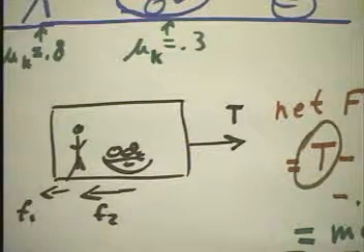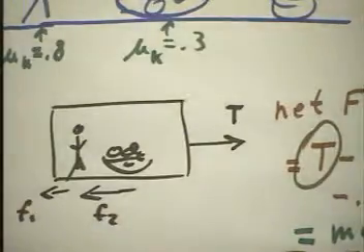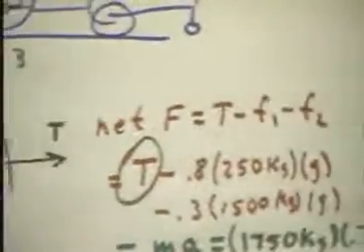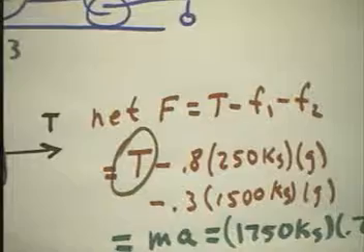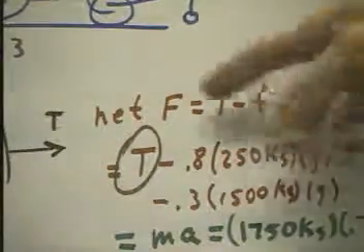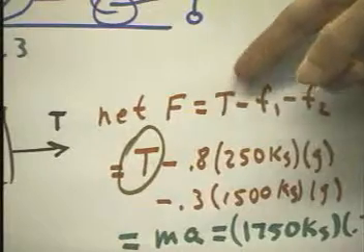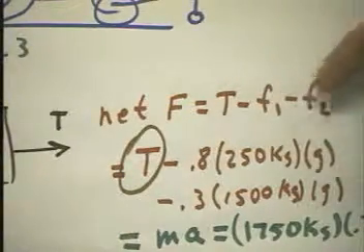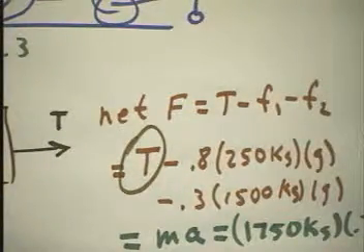So we can write the situation as follows. The net force acting on the system is the tension in the rope minus friction 1 minus friction 2.